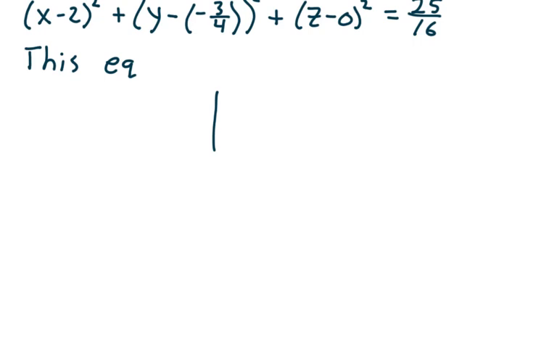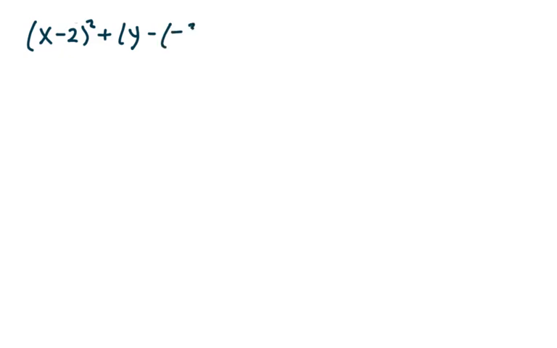I hope you guys can see that okay. Let's write this a little clearer. So we get (x − 2)² + (y − (−3/4))² + (z − 0)² = 25/16.